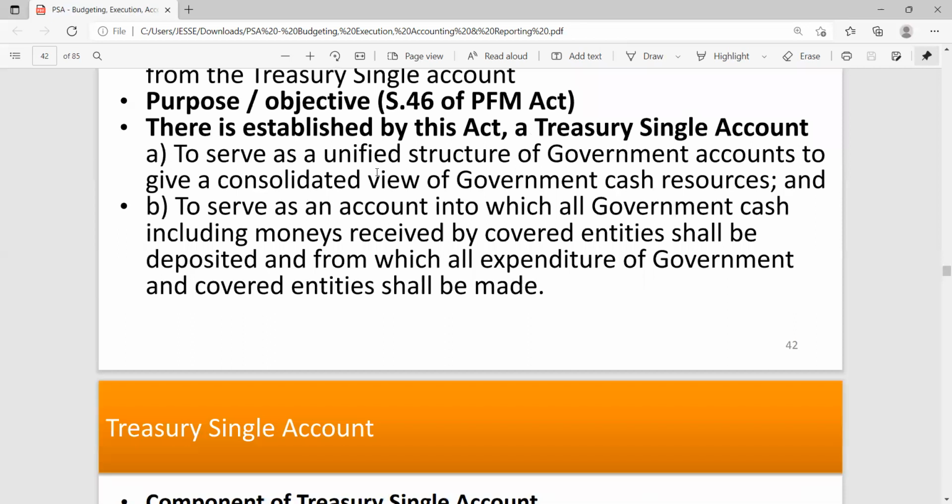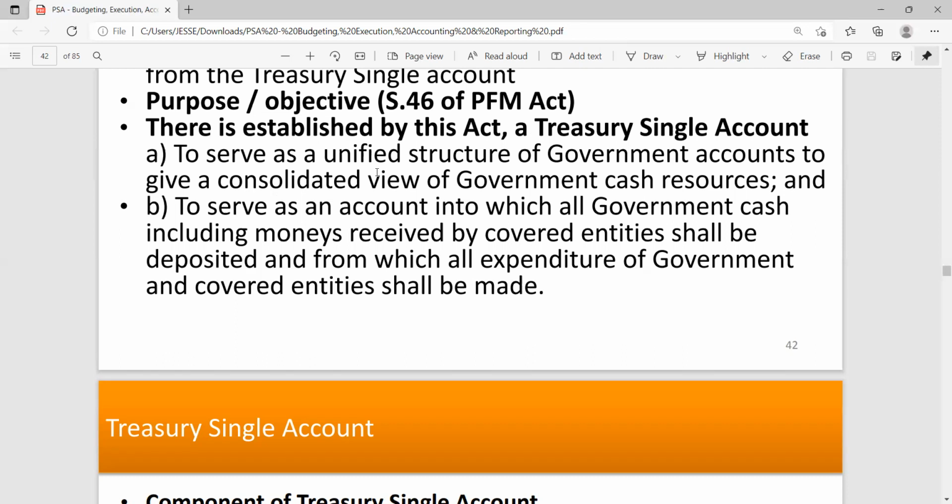Now you have the purpose or the objectives. What is the purpose or objective of this Treasury single account? A Treasury single account serves as a unified structure of government accounts to give a consolidated view of government cash resources, right? That consolidated presentation of government resources is very, very crucial.